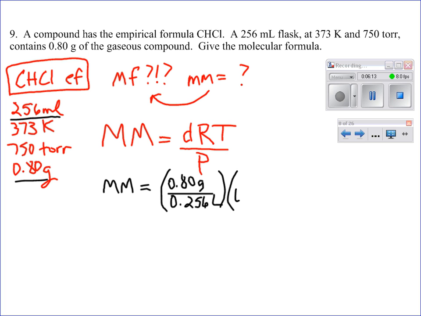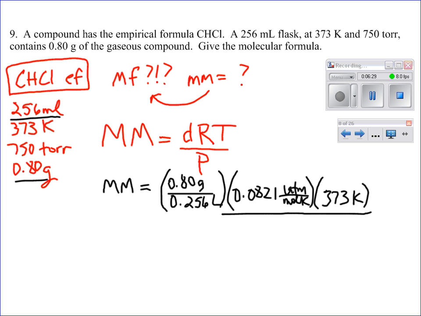R is 0.0821 L·atm/mol·K. dRT, what's my Kelvin temperature? 373. And my pressure, we have to convert to atmospheres. Again, as an AP reader, I want to see the conversion. As long as I show that, I can do that, and then that'll be in atmospheres.